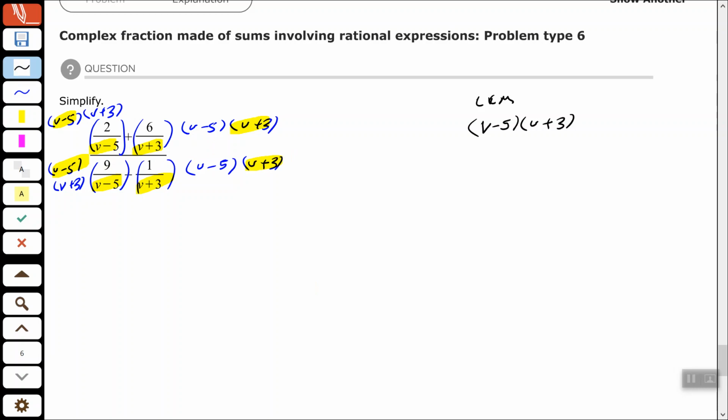All right, so in my numerator, I have remaining 2 times v plus 3 plus 6 times v minus 5. In my denominator, I have 9 times v plus 3 plus or minus 1 times v minus 5.